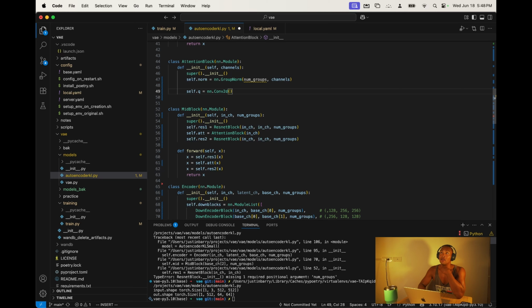This is basically what we're going to do in what is called spatial attention. What we're going to do here is represent the image so that for a single pixel, you have each channel in that pixel stacked.